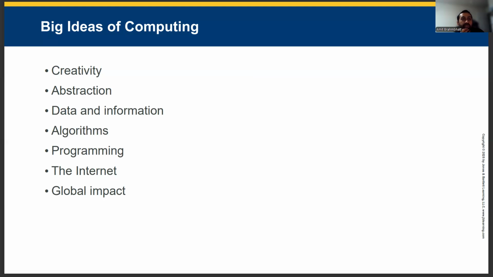Precision and expression using programming. Communications and scale using the internet. Ethics, economics, and society, which is the global impact. You have to keep these themes in mind. They are the lenses that clarify computing problems that you face.